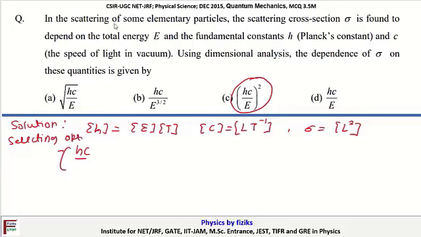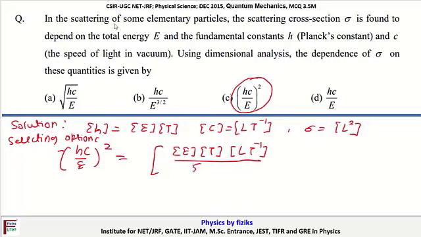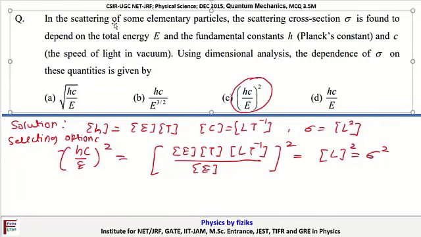Option C: (hc)/E squared equals, in dimensions, E times T times L T minus 1 divided by the dimension of E squared, which equals the dimension of L squared, the same as sigma. Thus, our option C is giving the correct dimension of the scattering cross section.